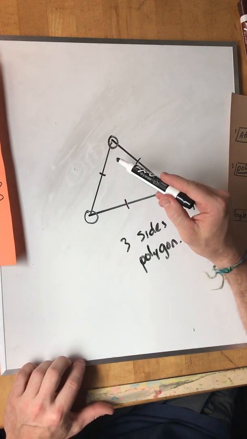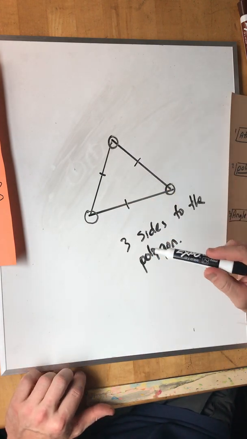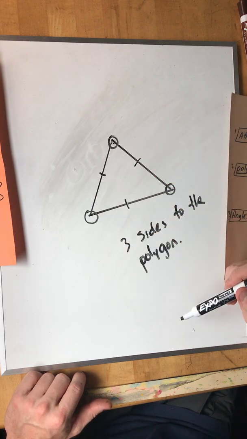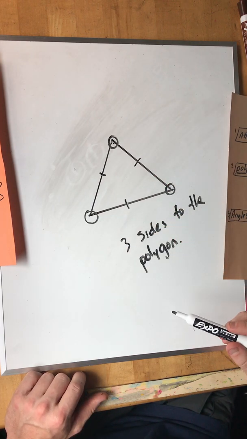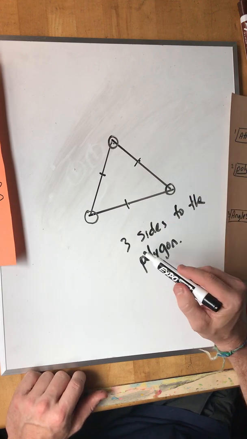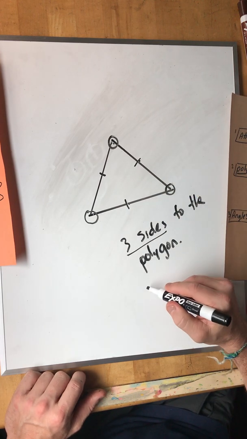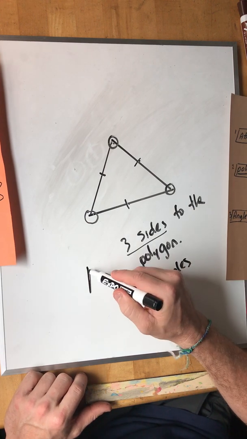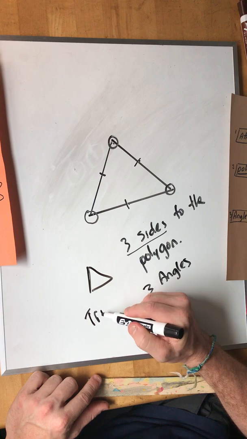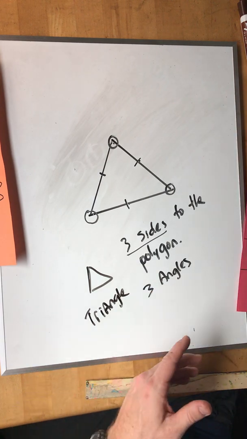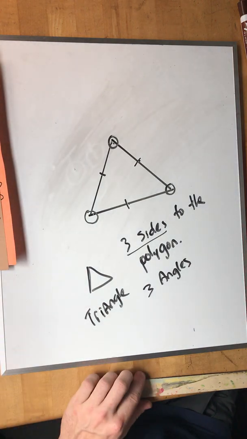So notice, on this triangle, we have 1 angle, 2 angles, 3 angles. We have 1 side, 2 sides, 3 sides. So 3 sides and 3 angles make our triangle. Okay?